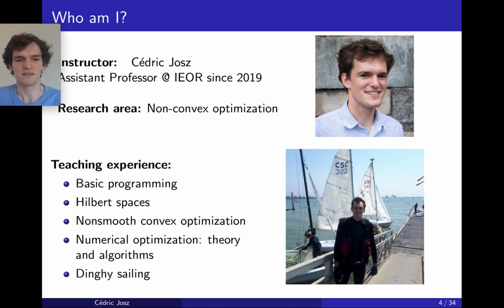I've taught analysis on Hilbert spaces, non-smooth convex optimization. I've also taught numerical optimization, theory and algorithms. I actually taught optimization models and methods last semester, and then I also teach a bit of dinghy sailing in the summer.